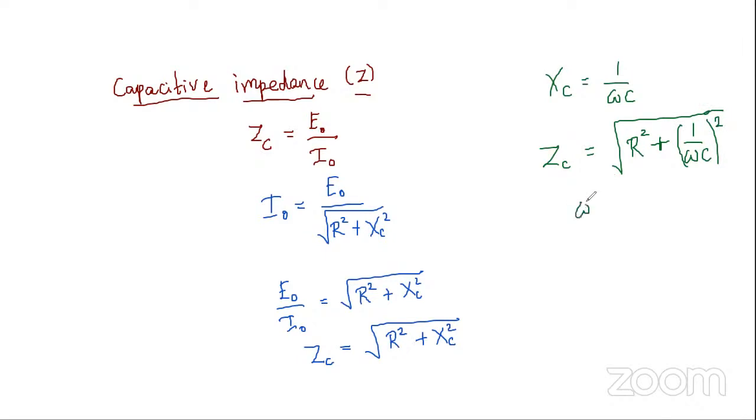So we know very well omega equal to 2 pi f. So in that case, ZC is equal to root of R squared plus 1 by 2 pi f C the whole square. This is the expression for the capacitive impedance.